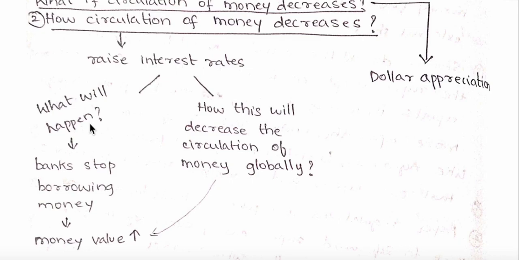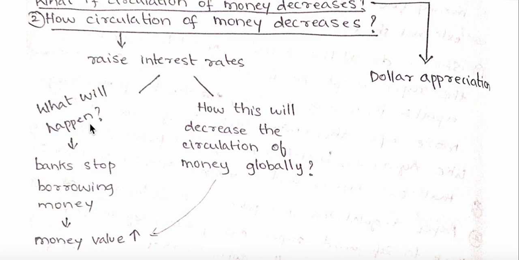When the central bank of a country raises the interest rates, all the local banks in the country will stop borrowing money from that central bank. See, if you want money and you wish to borrow some amount, you will first see the interest rate, right? If the interest rate is more, you will not borrow it. If the interest rate is less, you will borrow it. The same concept is applicable at the global level as well.